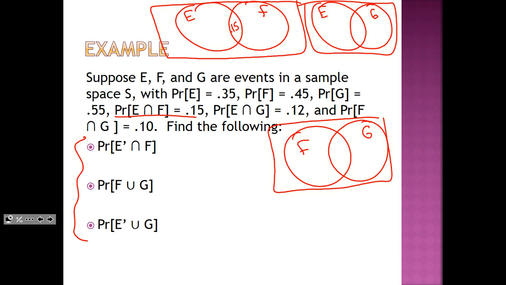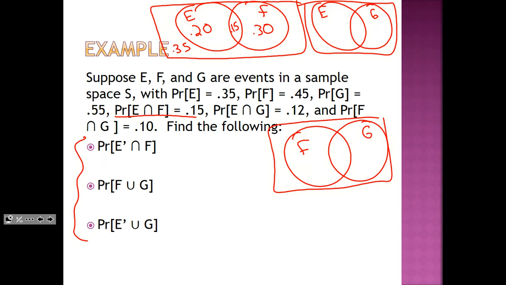So then I can find that little part of E that's not in F. So since it's 0.35 for E, that's 0.2. F is 0.45, so this little area would be 0.3. Okay, outside I don't think we need it in this one, but we'll do it anyway. So we've got 0.5, 0.65, so that's 0.35 outside. Okay. You go and get all the other Venn diagrams done, and then we'll answer the questions.